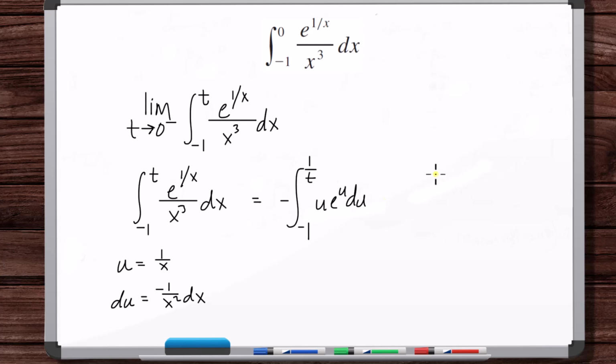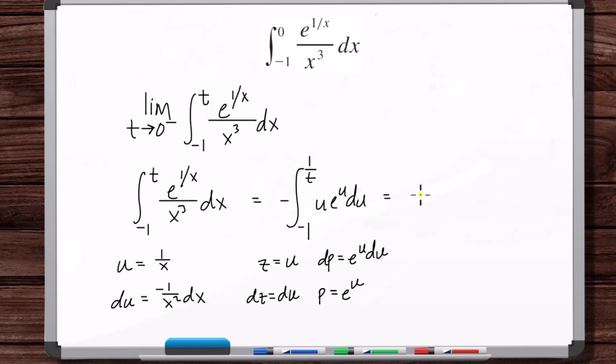Okay, integration by parts. We say that z is equal to u, dp is equal to e to the u du, dz is du, p is e to the u.